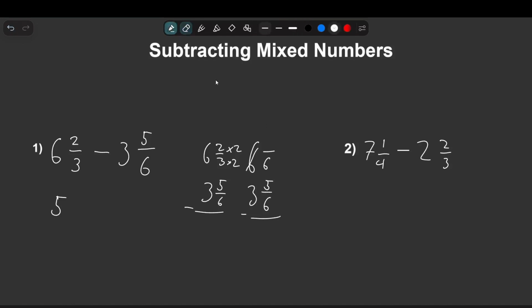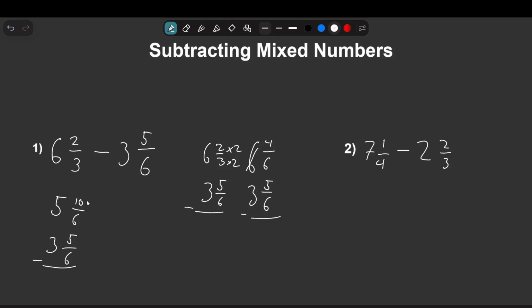We have a 4 here instead of a 2, because we multiply this 2 also by 2. So we're going to add 6 to the 4, and we will get 5 10/6 minus 3 5/6.